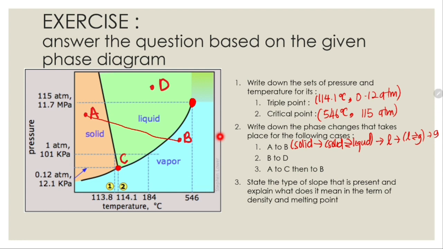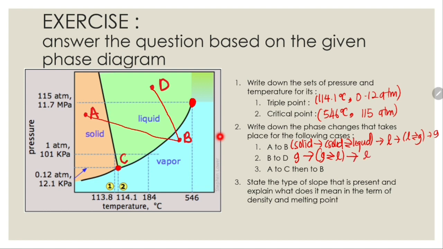From point B to D, draw a straight line connecting B and D. From B, it's in the gaseous phase, and then it touches the equilibrium line between gas and liquid, so gas in equilibrium with liquid, and ends up at point D as a liquid.